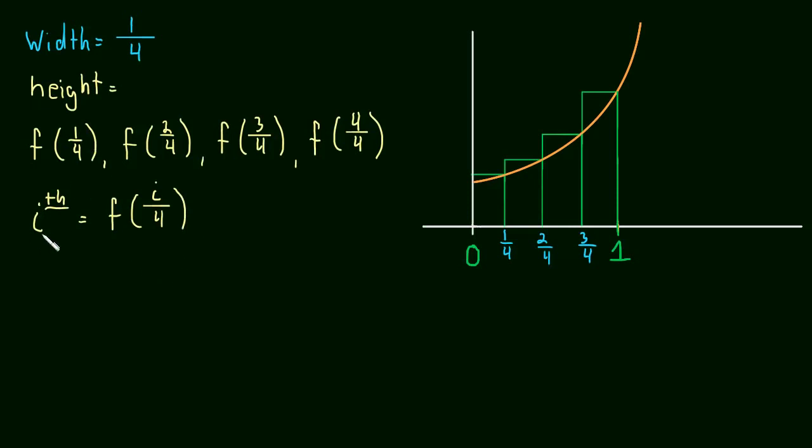Because when you want the first rectangle, i is 1, and you get 1 over 4. When you want the second rectangle, i is 2, and you have 2 over 4. You can see it works for the third rectangle and the fourth rectangle. So this makes sense as a formula. If it's the ith rectangle, this is how you figure out what the height is.